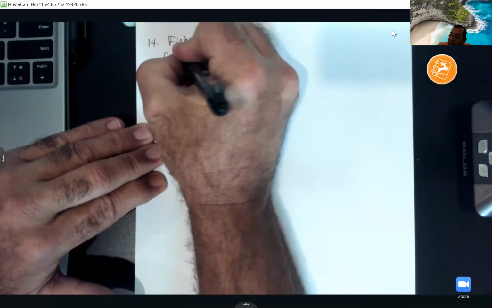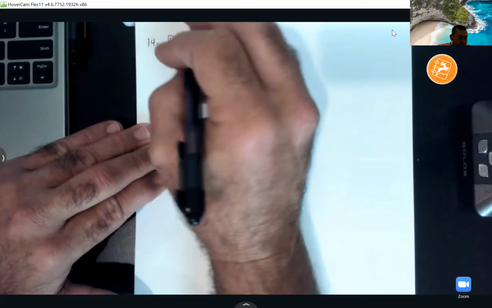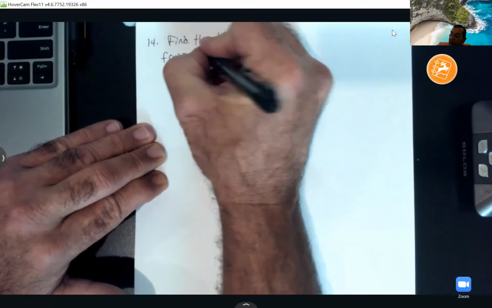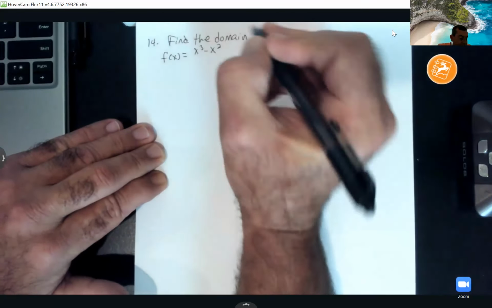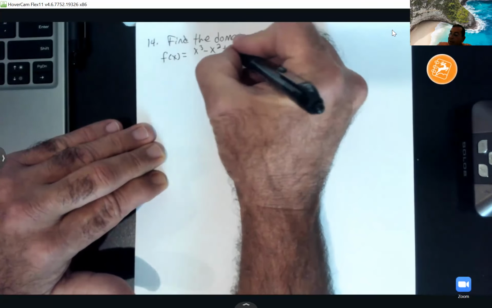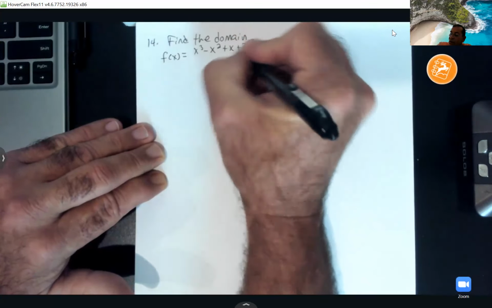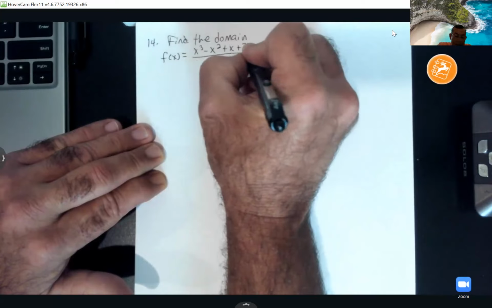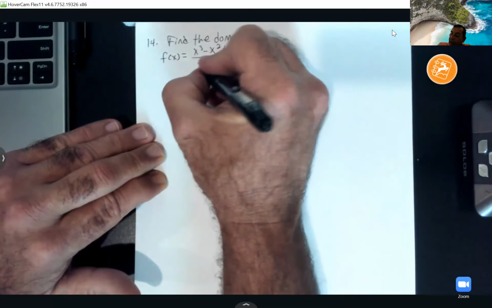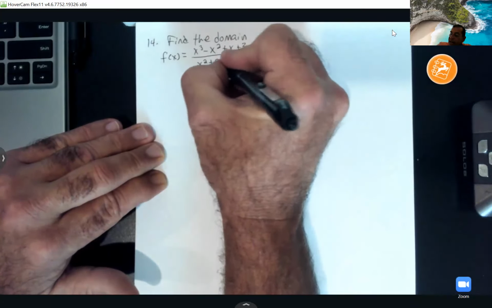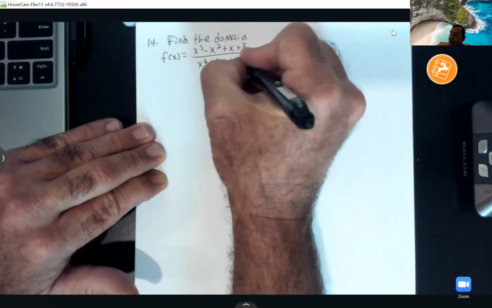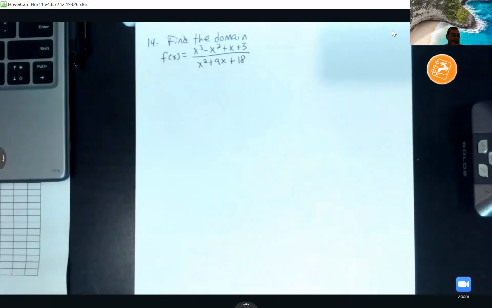All right, so this one has f of x equals x to the third minus x squared plus 4x plus 3 all over x squared plus 9x plus 18.